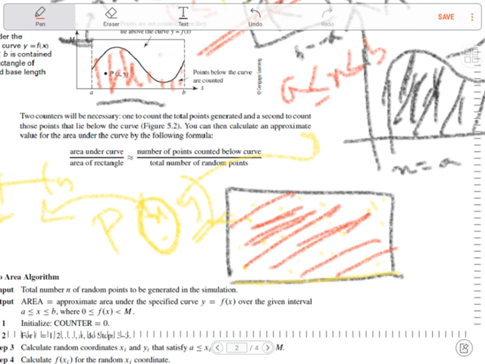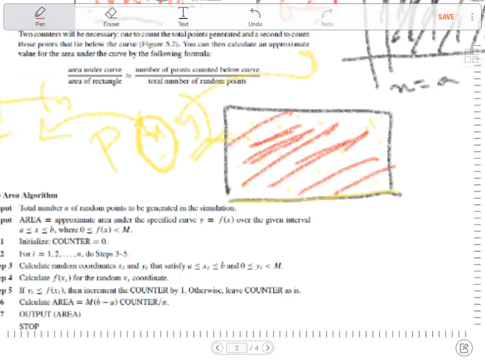If my P is lying here, this is not a part of the area enclosed by the curve, so it will not add to the area. This region is bounded by the curve y equal to f(x), lying above the x-axis and bounded between x equal to a and x equal to b. This is what we mean by the area enclosed by the curve. It is nothing but a collection of points.